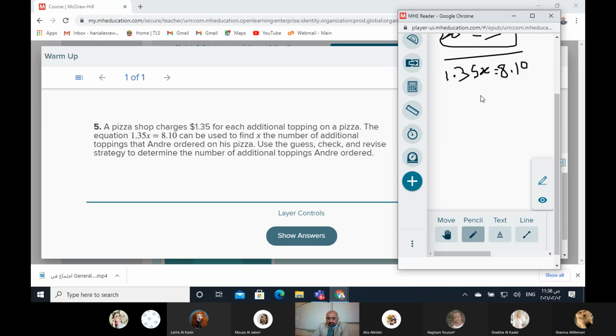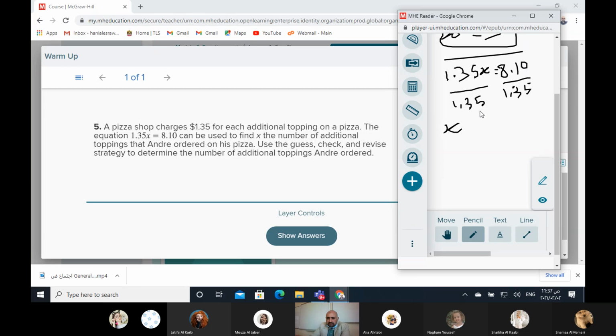Yes, who has an answer? Mister, so we basically have to do 8.10 divided by 1.35, right? The coefficient here is 1.35. So divide the two sides by the coefficient, divide by 1.35.